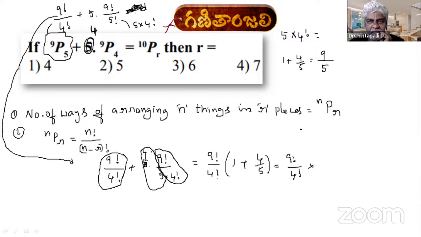But it should be 10. How to get 10 here? 5 plus 4 is 9 only. There should be 10. It should be 2 plus 4 over 5, then it will work.